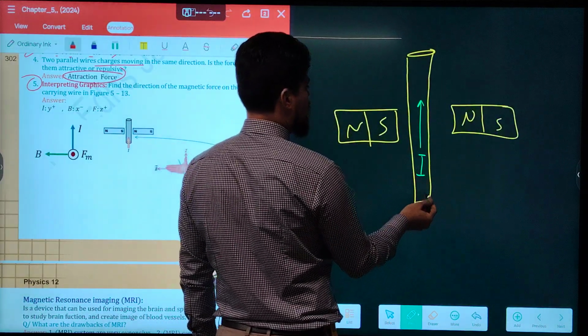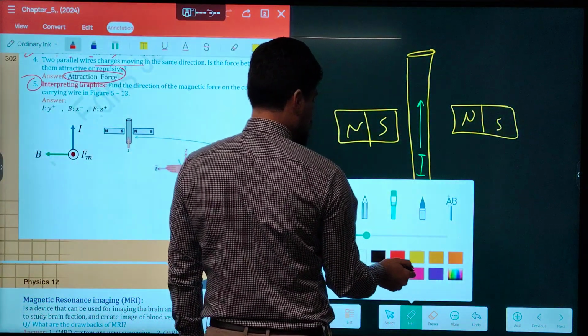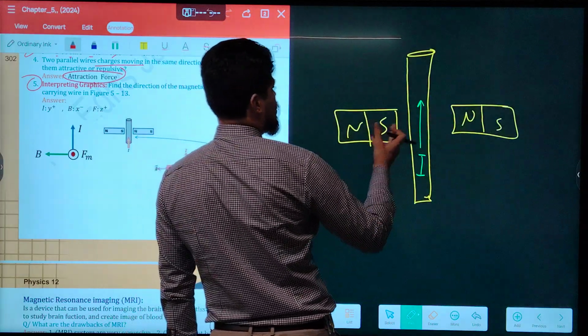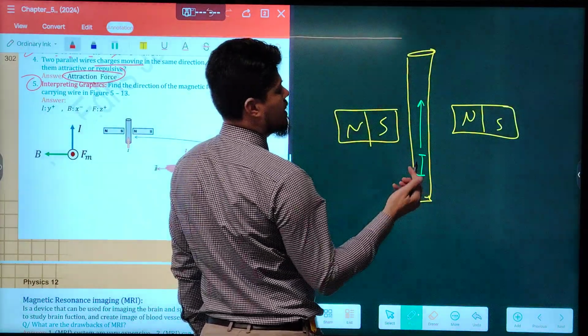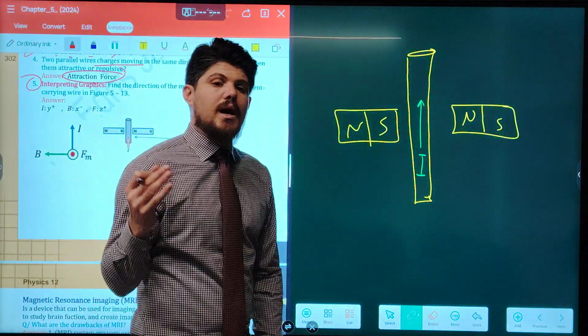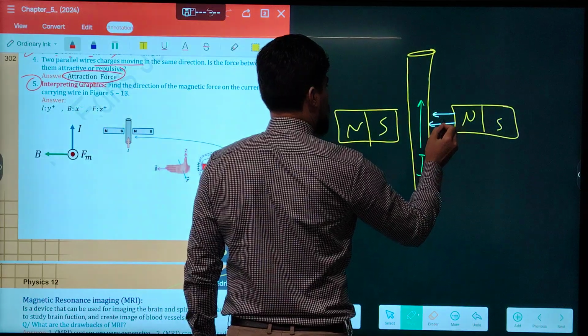Do we have the direction of the current? Yes, directed to the north, up. How about the direction of the magnetic field? Yes. By these two magnets, we can find it. The magnetic field lines usually come out from the north pole and go into the south pole. Here, the magnetic field is directed upward, okay?